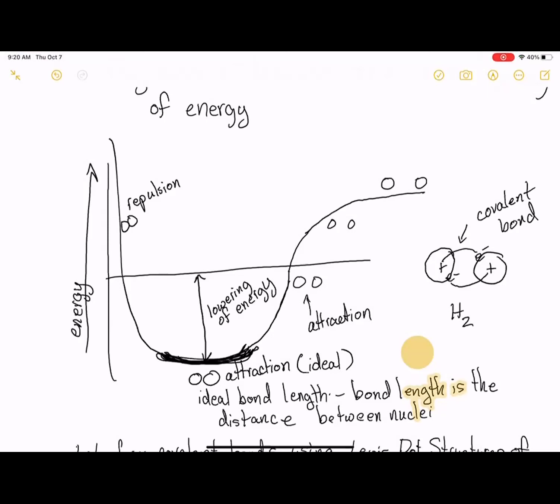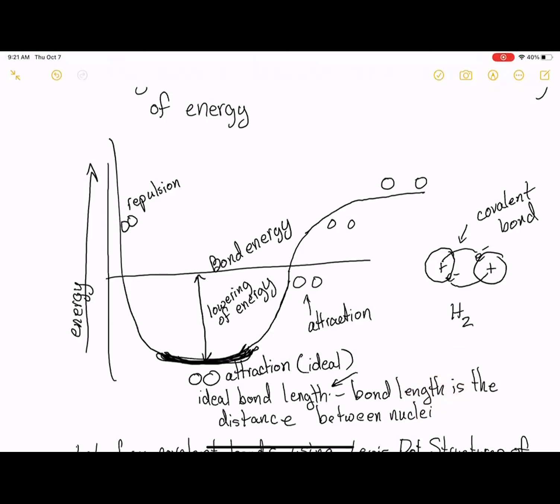We will talk more about this attraction, which is known as the bond energy, and we will talk more about this bond length later on. But basically what I wanted to let you know is that covalent molecules form because the electrons are shared between two atomic nuclei.